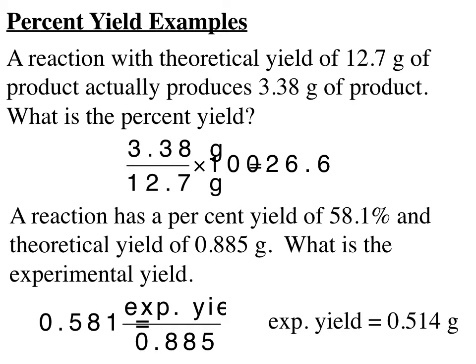So essentially I divided both sides of the expression by 100, and I have 0.581, the decimal equivalent of the fraction of the experimental yield divided by the theoretical yield. So I can multiply both sides by the theoretical yield, and again to 3 digits of accuracy, that means my experimental yield that gives that percent yield must have been 0.514 grams.